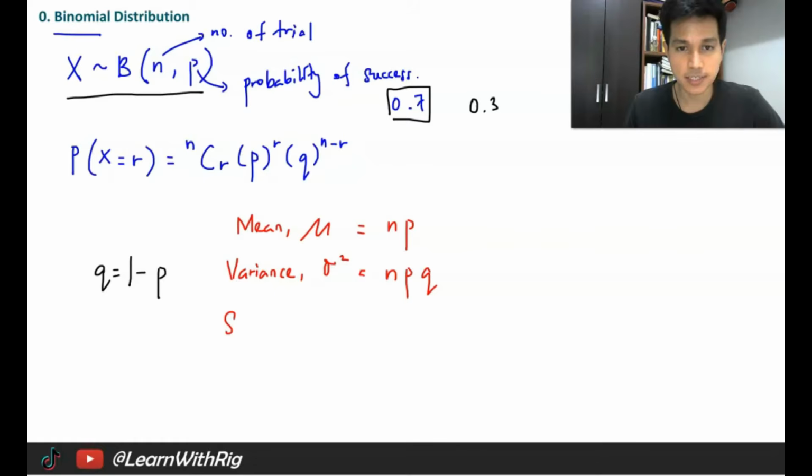So if you want to find standard deviation, standard deviation is basically this. Okay, you don't want the square. Variance is with the square, standard deviation is without the square. So if you don't want the square, basically you're shifting the square to the opposite, right? So you get square root npq.